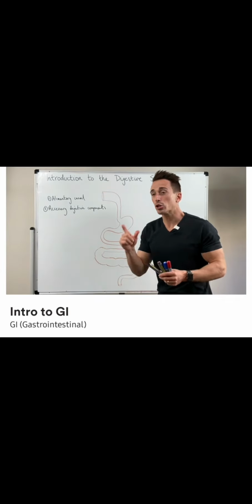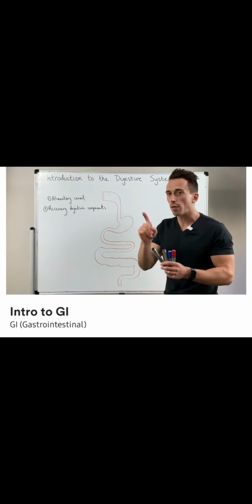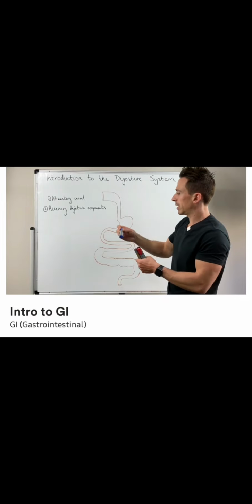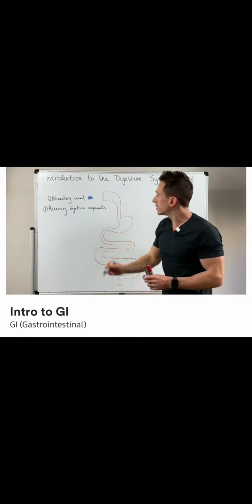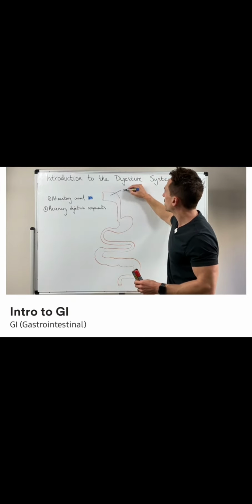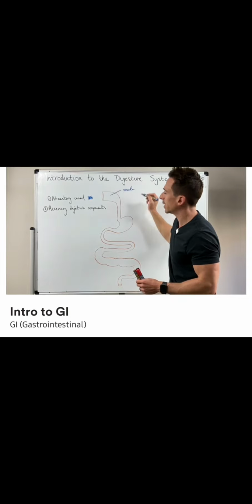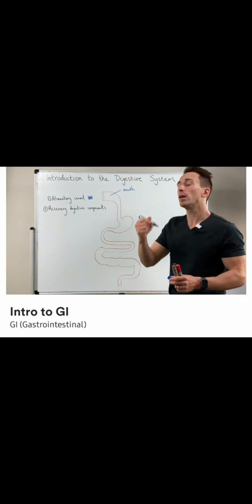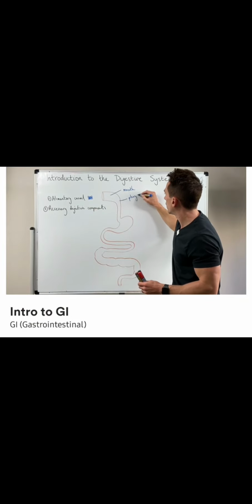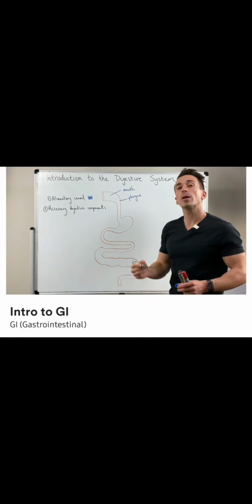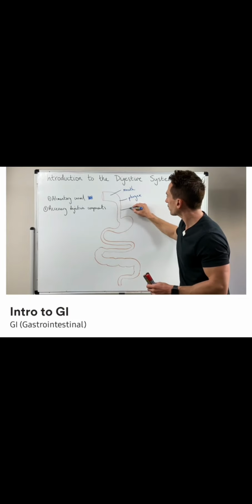So the first thing I want to do is go through the various aspects of the alimentary canal, and I'm going to do this in blue. So first thing is the mouth. The mouth is the first aspect of the alimentary canal. Then we go down to the pharynx, which is the back of the throat. Then we go to the esophagus.